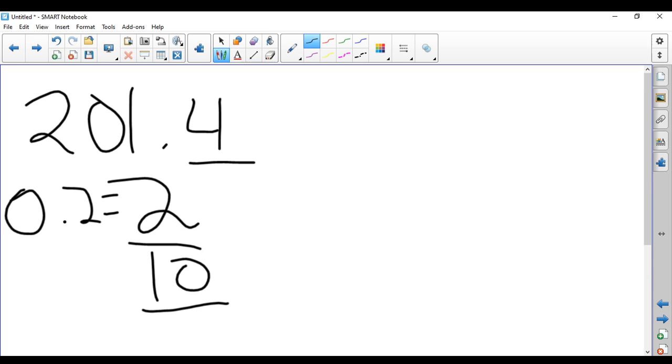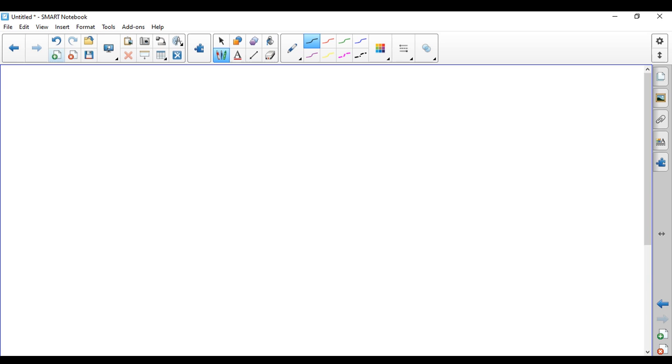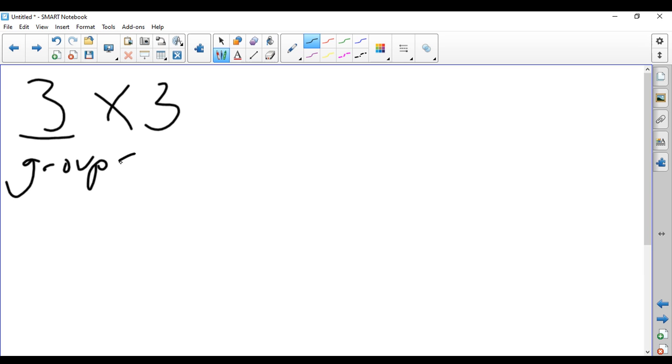So now I want to get into the concept of multiplying. If I had 3 times 3, I have 3 groups, and each group has 3 things.